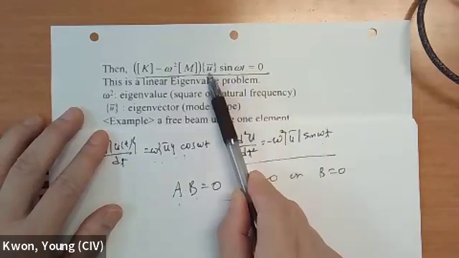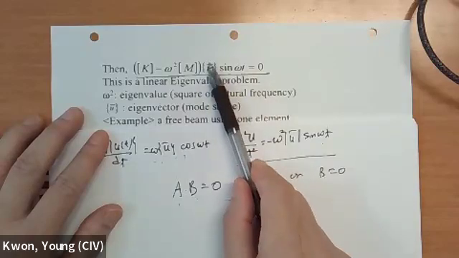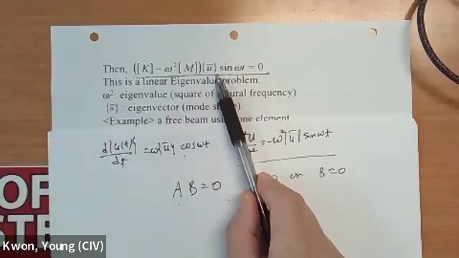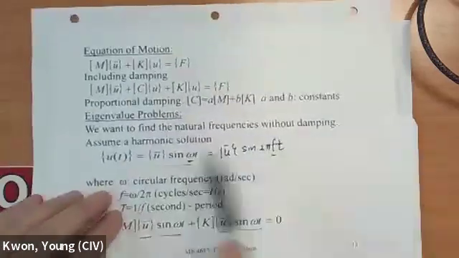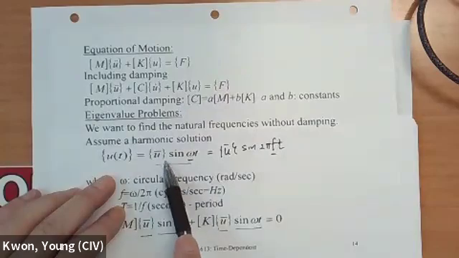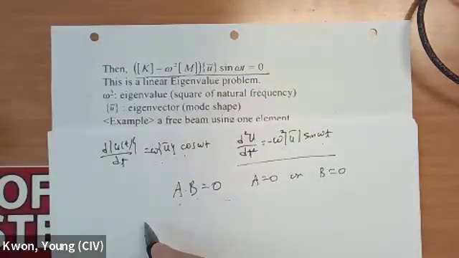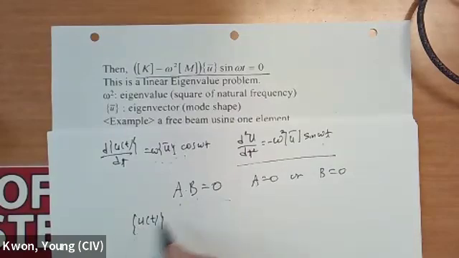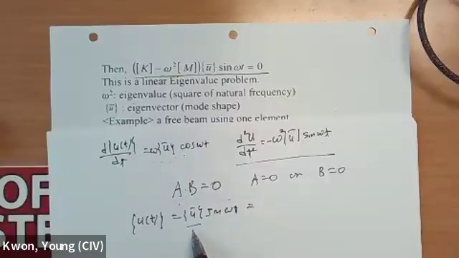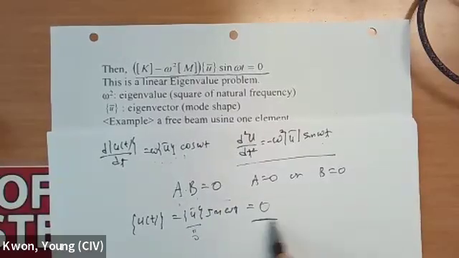And second one, u bar. U bar could be 0, but u bar being 0 means the whole thing is going to be 0. So in here, let me write down, u(t) is u bar sine omega t. Now if u bar equals 0, then the whole thing equals 0.